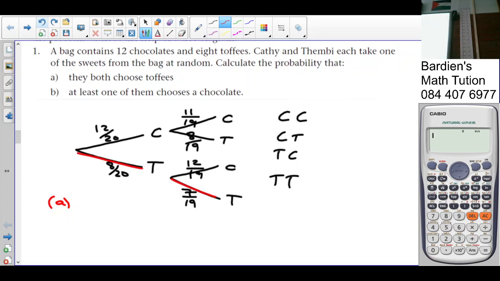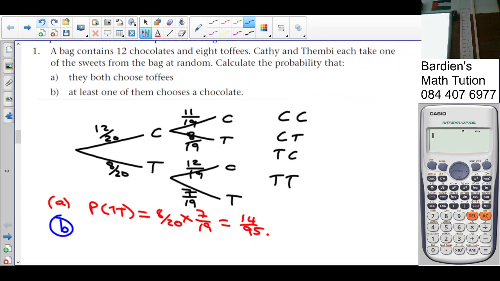That's the branches I would follow. Both coming in at toffee. The probability of TT is going to give you 8 over 20 times 7 over 19. It gives us? 14 over 95.